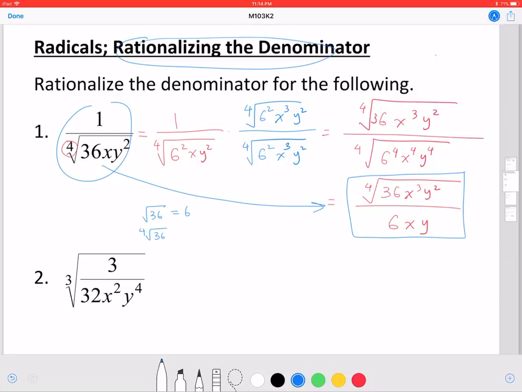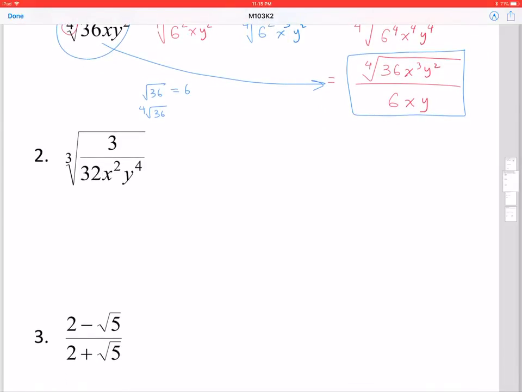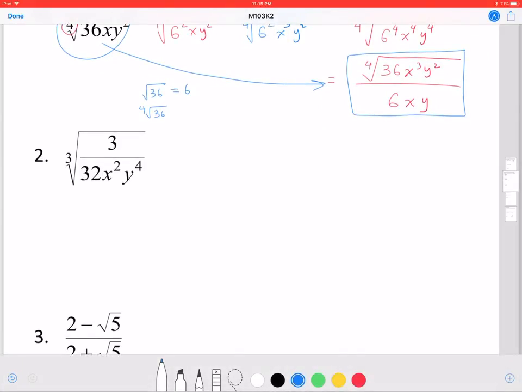Then let's move on to number 3. Like I said before, I do have a fraction inside the radical. So I'm going to extend my radical a little bit longer, and I'm going to multiply something top and bottom.